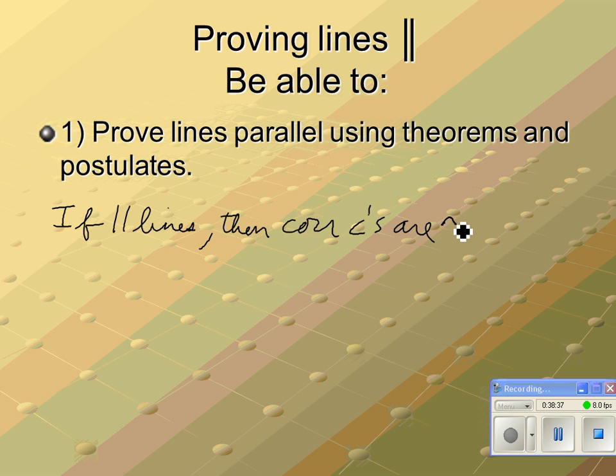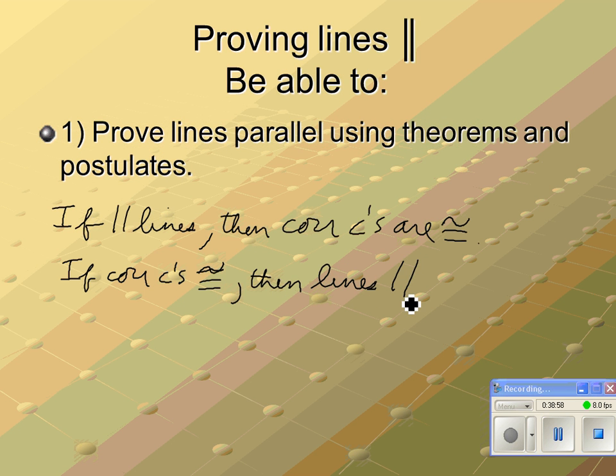What's the magic word? Congruent. Yeah. What's the converse of that statement? If corresponding angles are congruent, then lines are parallel.